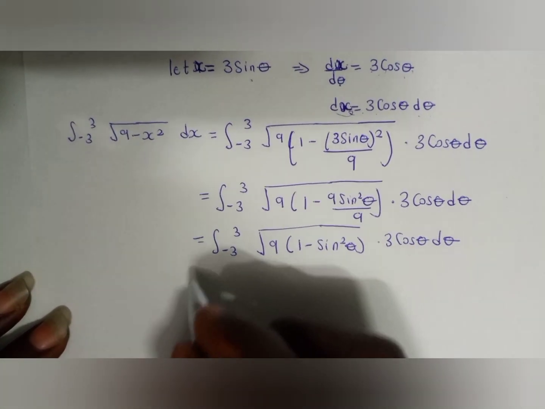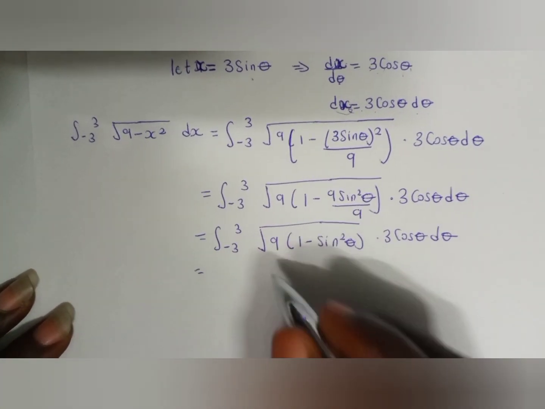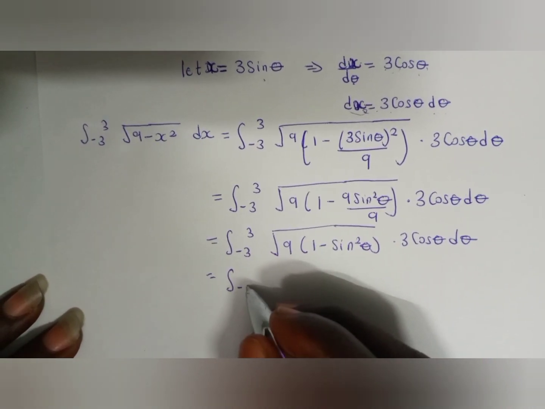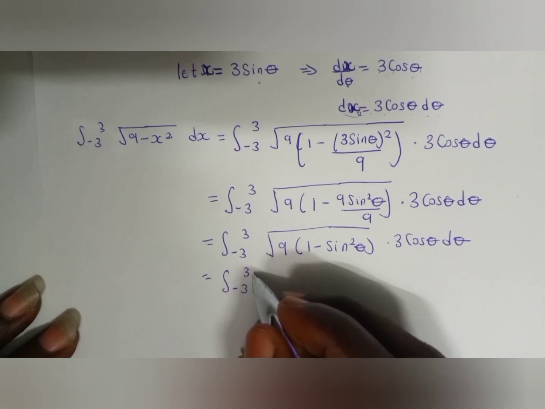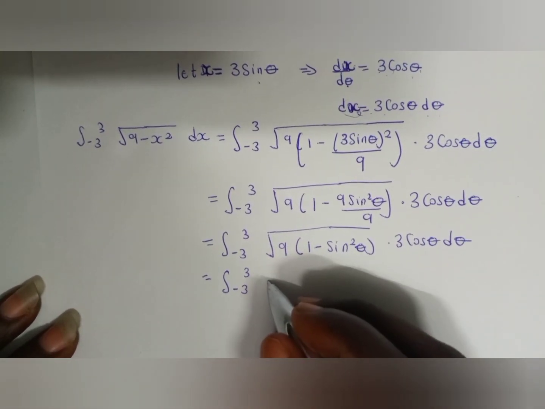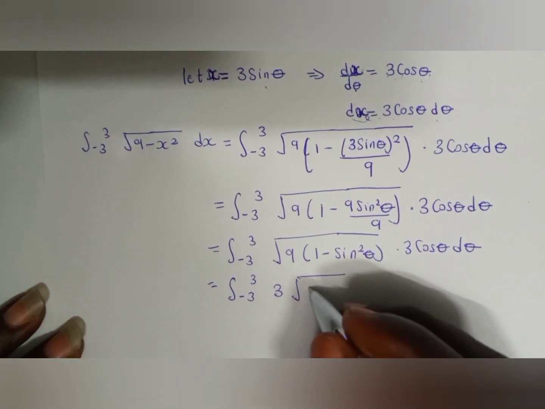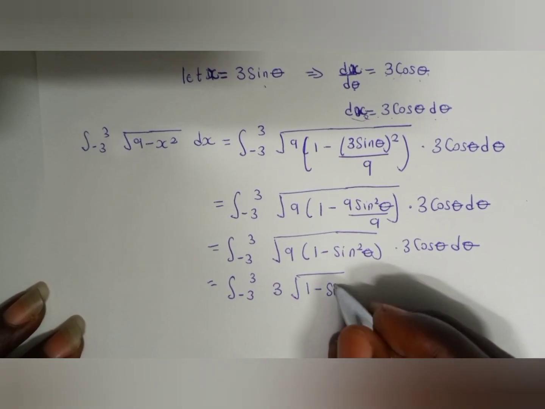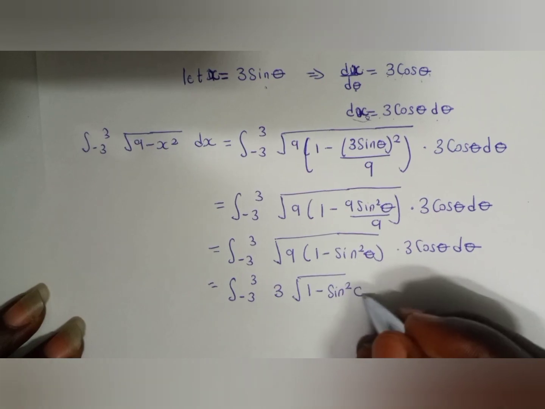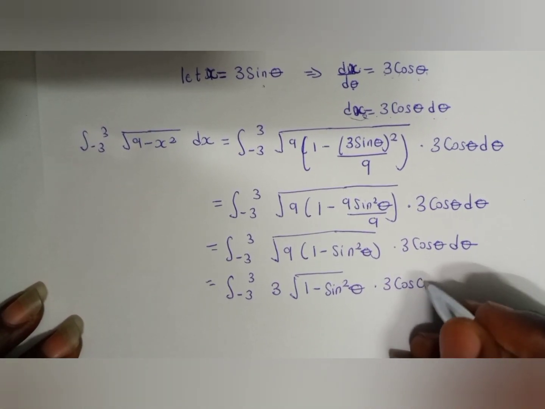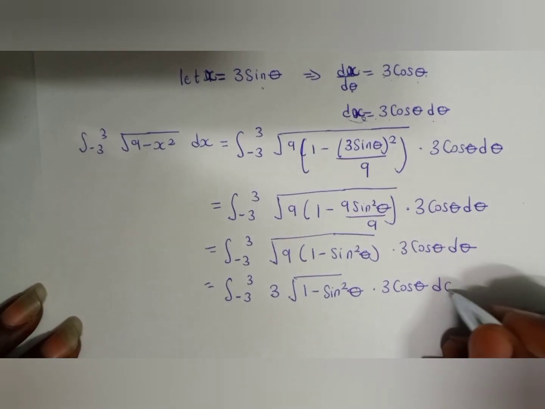Okay, so here we are going to get the integral of negative 3 to 3 of root of 9. We are going to get 3 then root of 1 minus sine squared theta times 3 cos theta d theta.